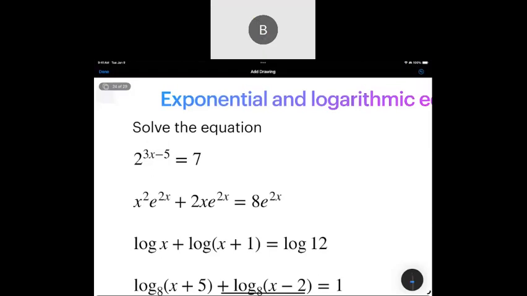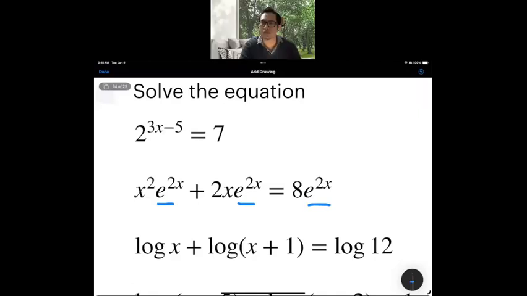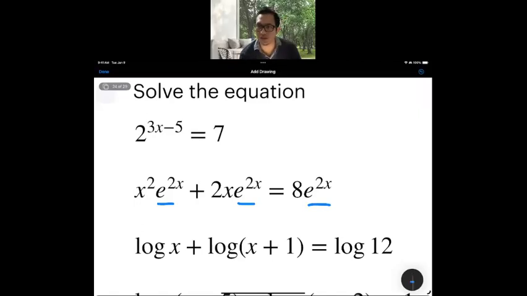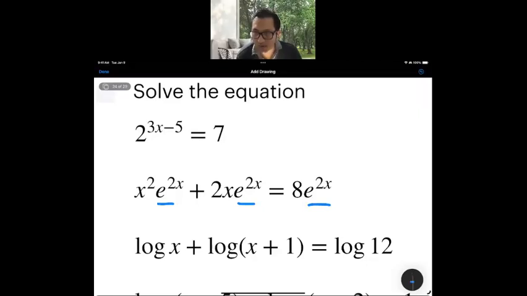Okay, so for number two, this is for everyone who is confused how to solve this. Looking at the equation, we have all the e, right? So how about we move to one side and then we factor out. Alphonsus, do you want to ask something? Can I try with the question?